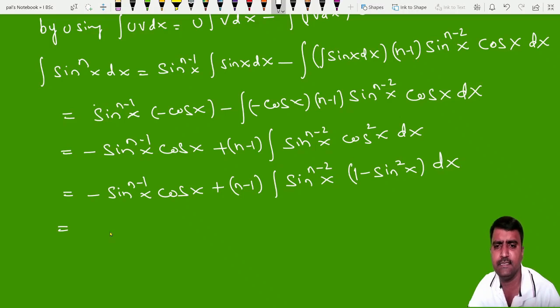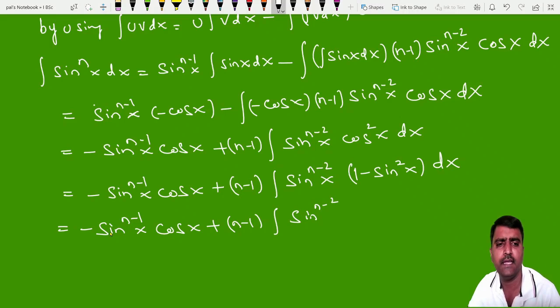So which is equal to minus sin to the power n minus 1 x cos x plus n minus 1 into the integration of sin to the power n minus 2 x into 1, which is sin to the power n minus 2 x. Again plus into minus is minus.